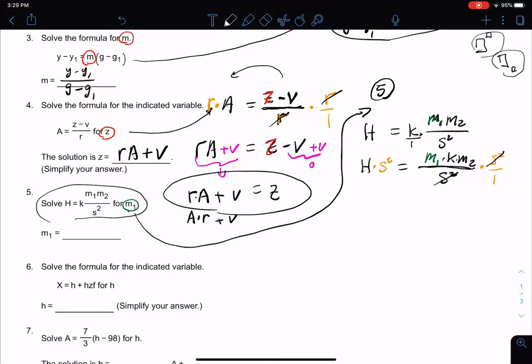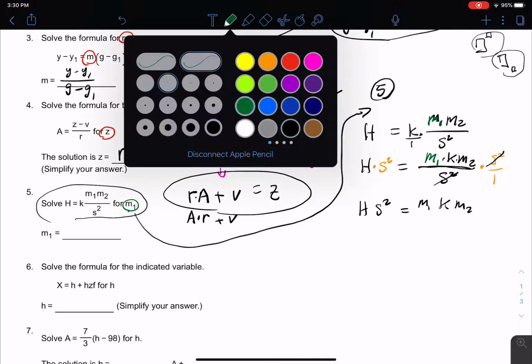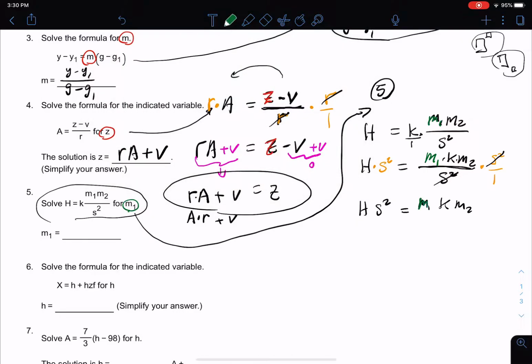I have H times S squared equals M sub 1 times K times M sub 2. I'm going to make that green again just to highlight that I'm trying to get that by itself. Something you should remember is that this is all bonded by an operation called multiplication.